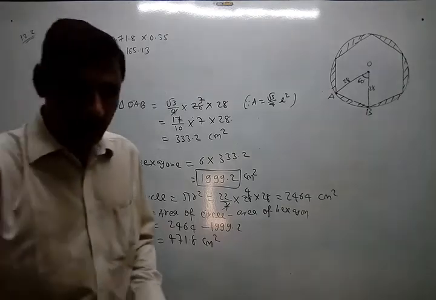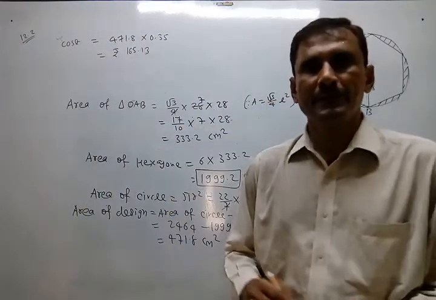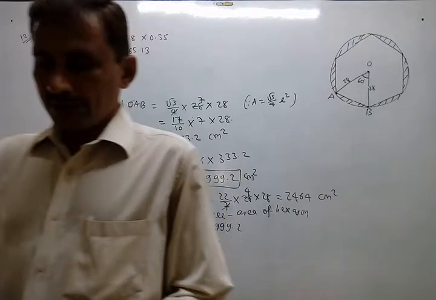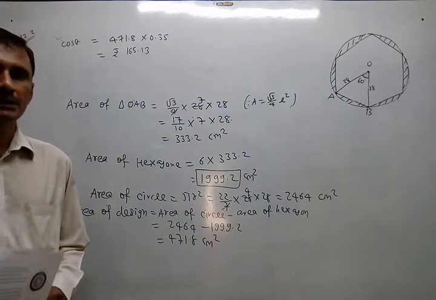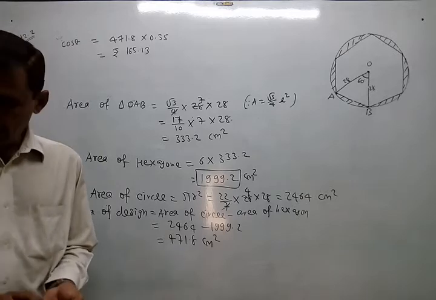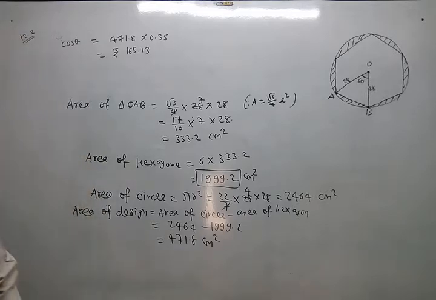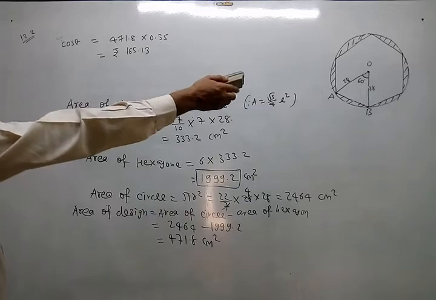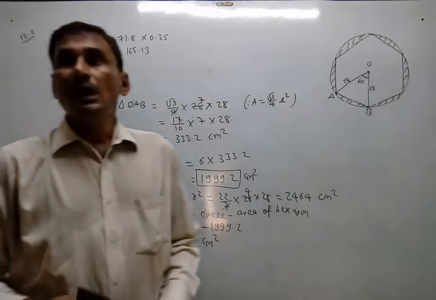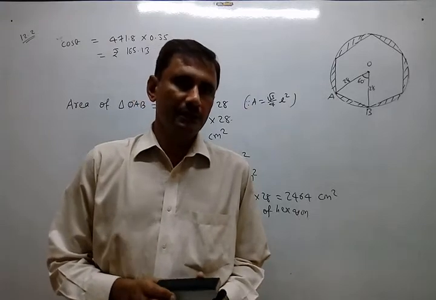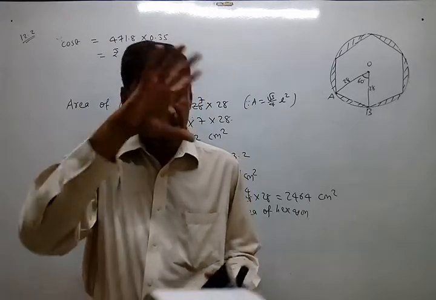Now look at the next exercise. This is exercise 13.12.2 regarding area of sector and segment. In the whole next exercise we will have these types of questions, mostly figure based. In the figure nothing is given clearly, and we just have to find the area of the shaded region.